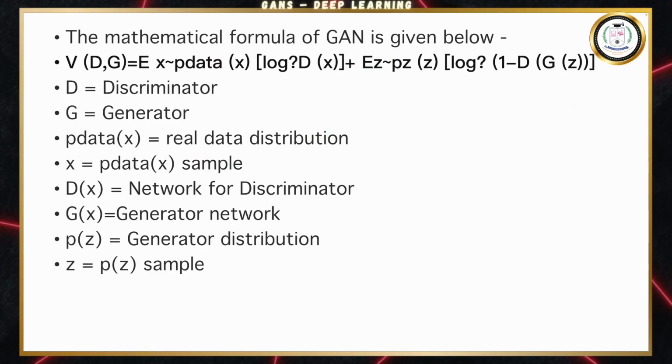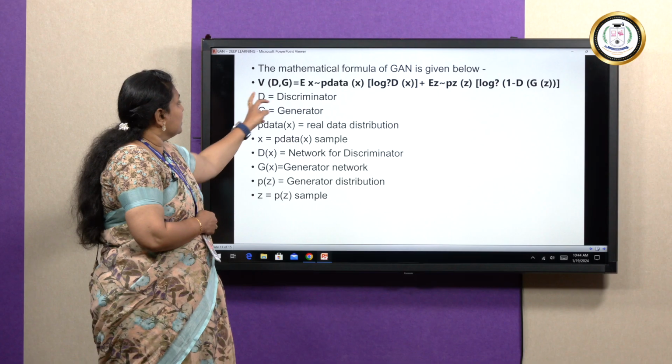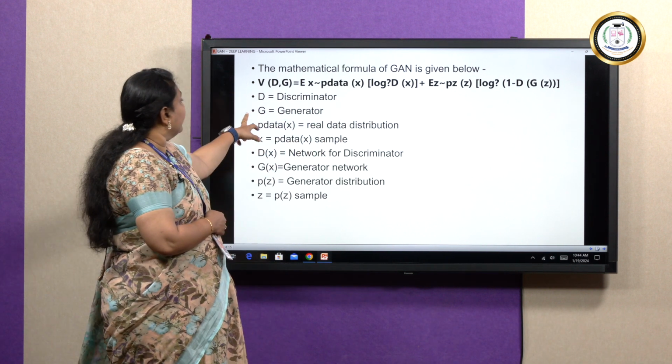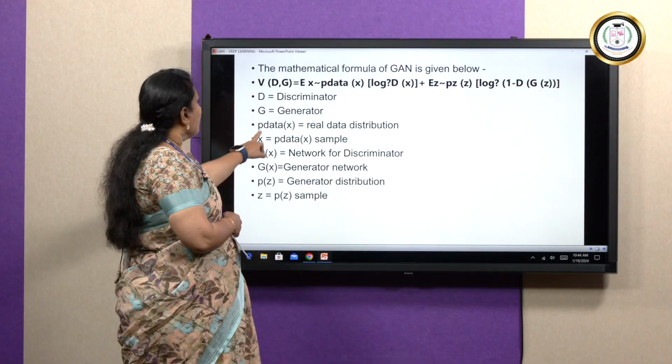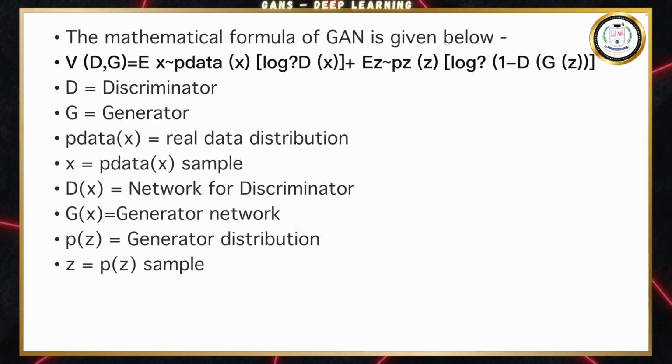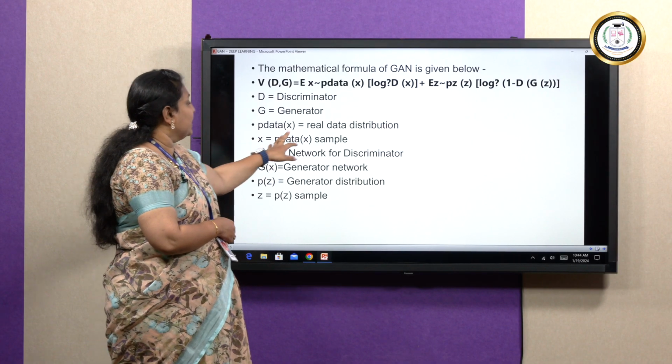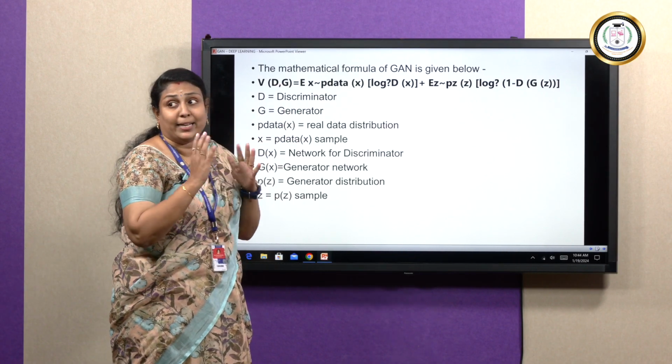Here the mathematical formula is given to solve this neural network model; this is the expression. Here D is the discriminator, G is the generator, P data of X is the probability distribution of real data, and X is the sample data which we have taken from the database.